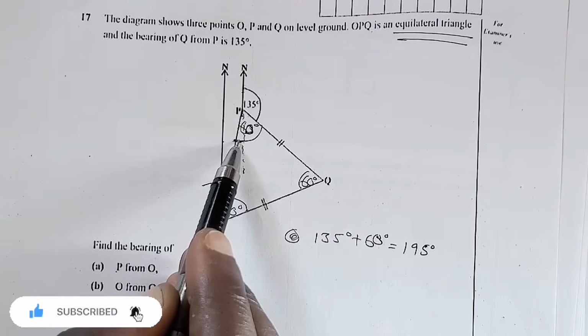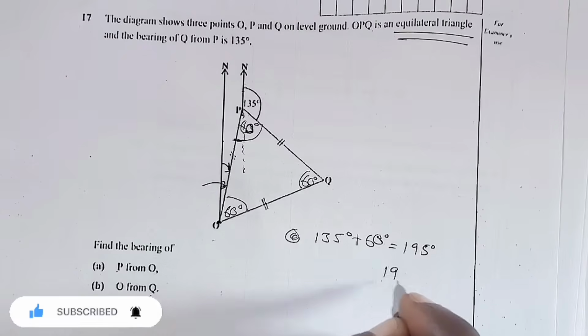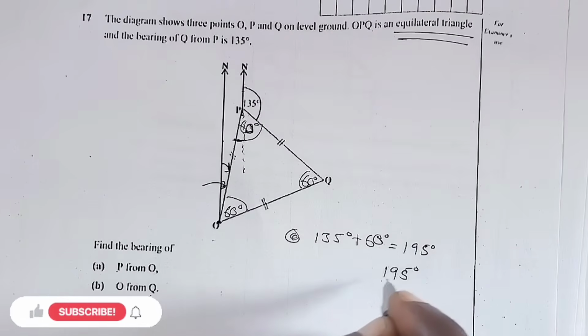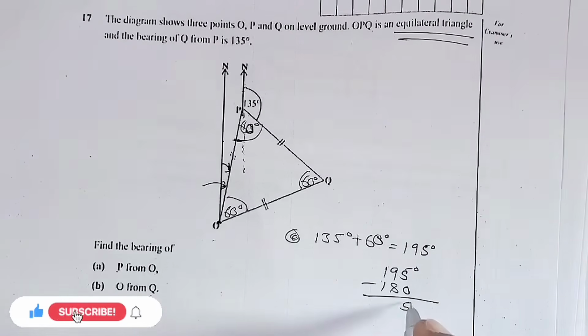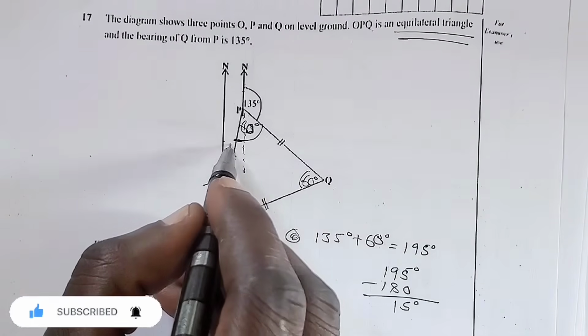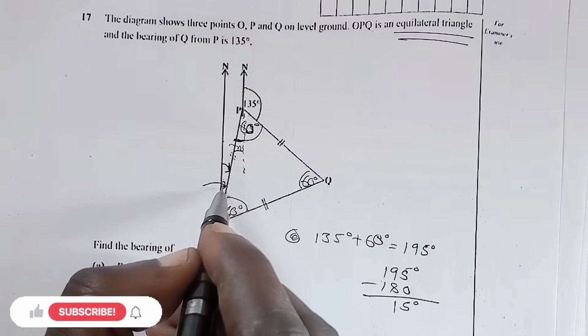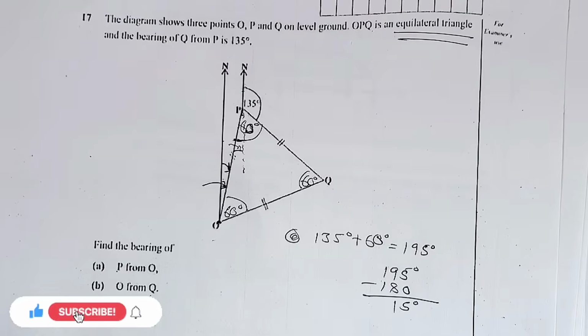Are we together? So let's write 195 minus 180. 5 minus 0, 5. 9 minus 8, 1. 1 minus 1, 0. So it's 15. We found this angle here. But how do you write bearings?